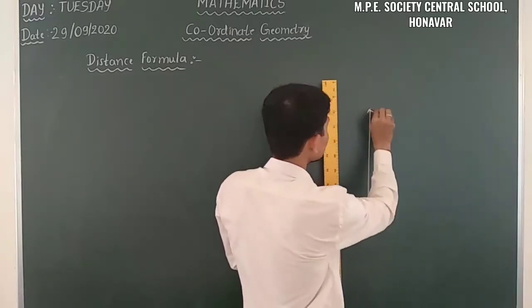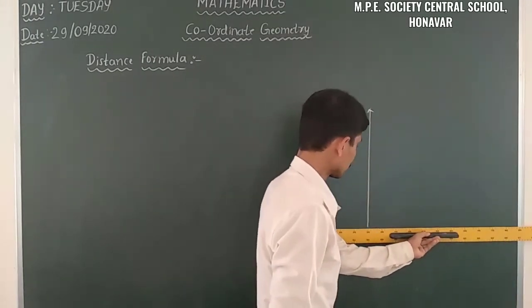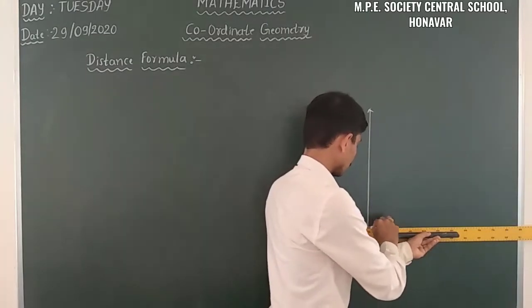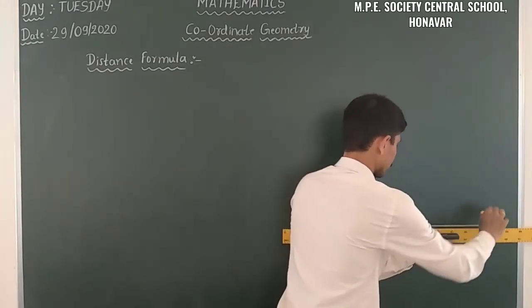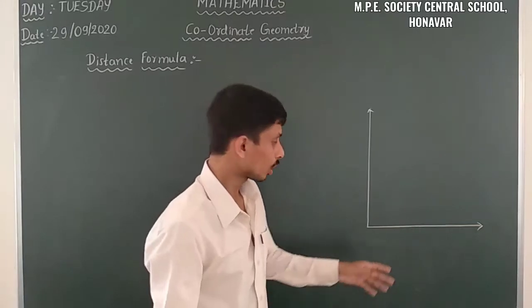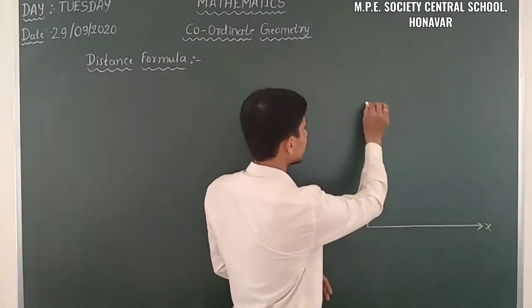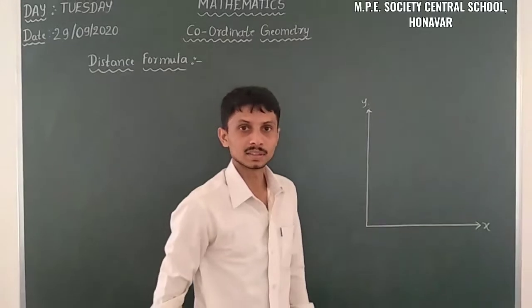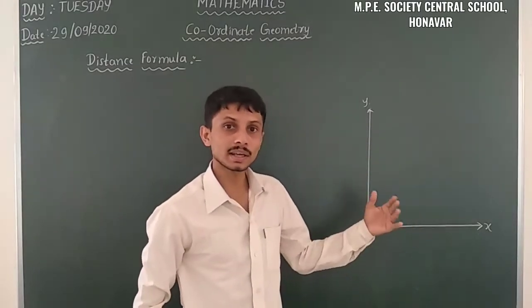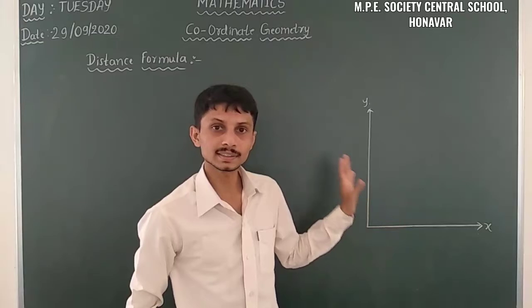So here it is the vertical line and I will take a horizontal line. Then we have to assign the axes. There is an x-axis and here it is a y-axis. Then we have to consider any 2 points in the coordinate system.